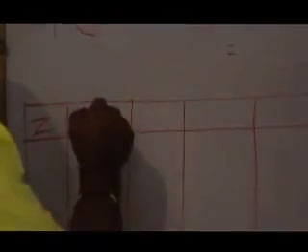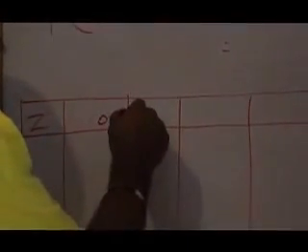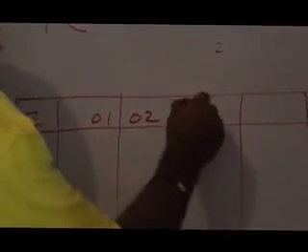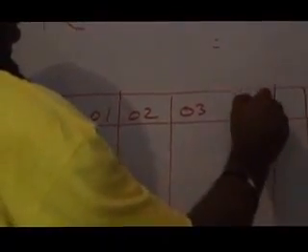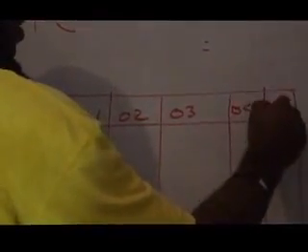Now on the table, which is represented like this, here are the z values and here are decimal values like 0.01, 0.02, 0.03 and so on, 0.04, 0.05.